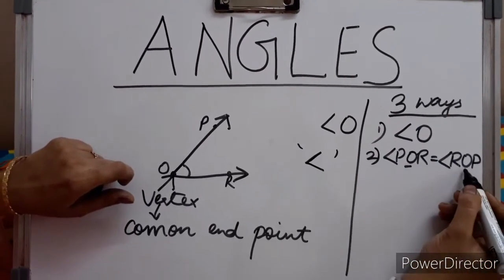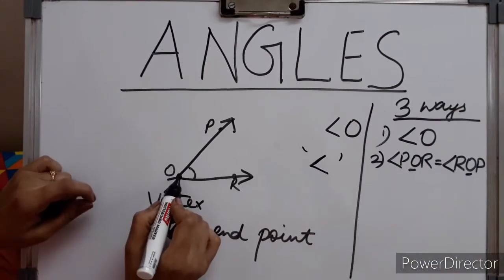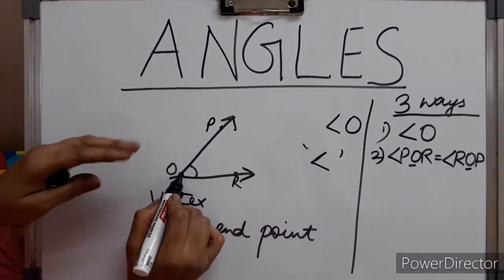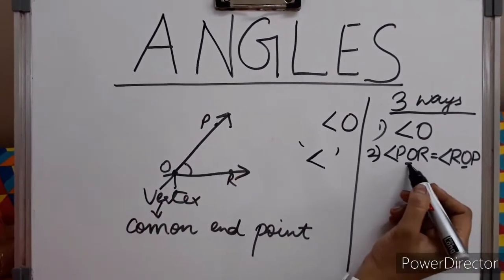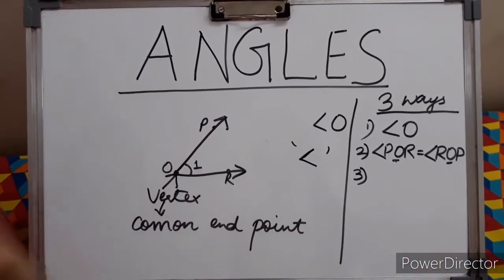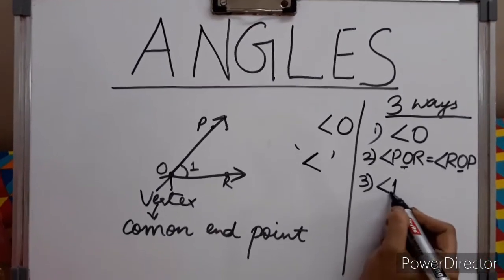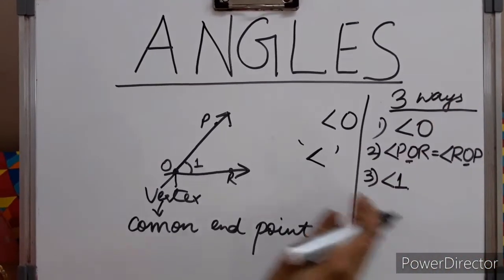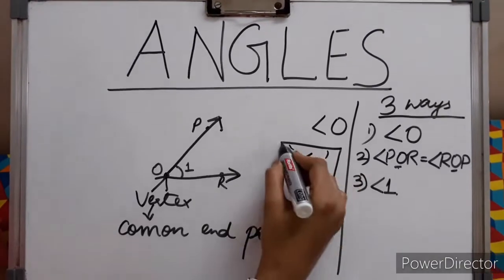So O should be in the middle, meaning the angle which is formed at the vertex, the common endpoint of the two rays, we have to write in the middle. And the third is, suppose we number it here as 1, we will write simply angle 1. So these are the three ways to represent an angle.